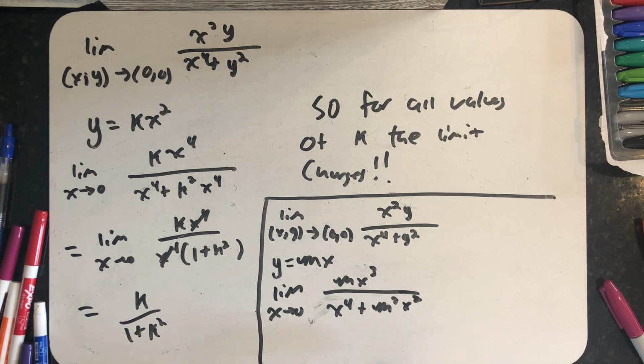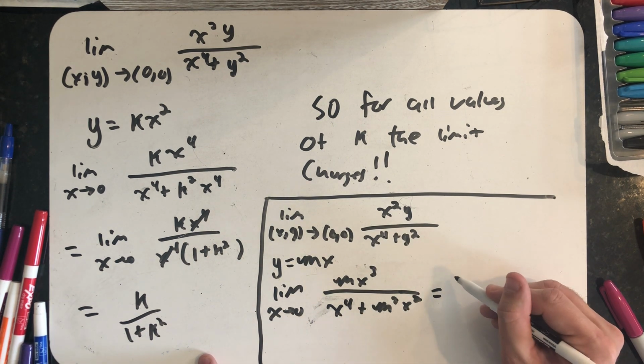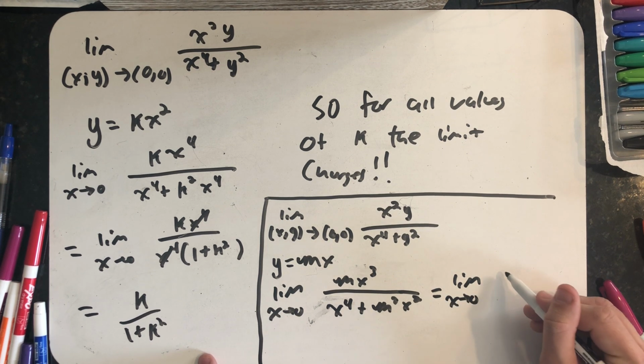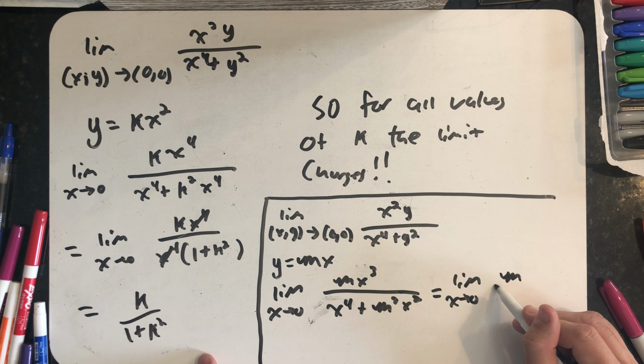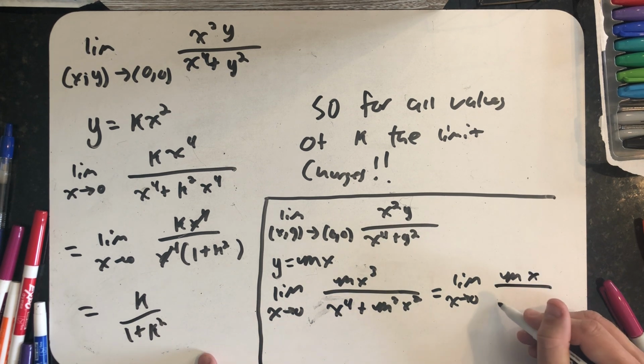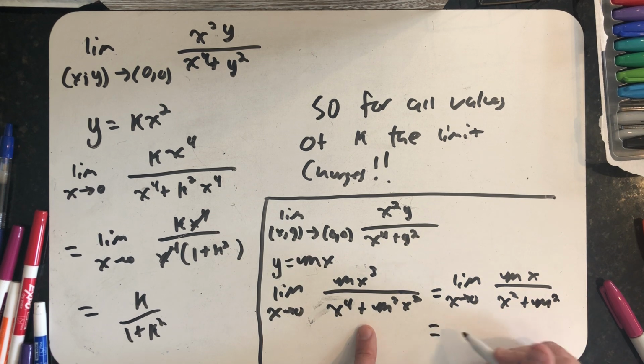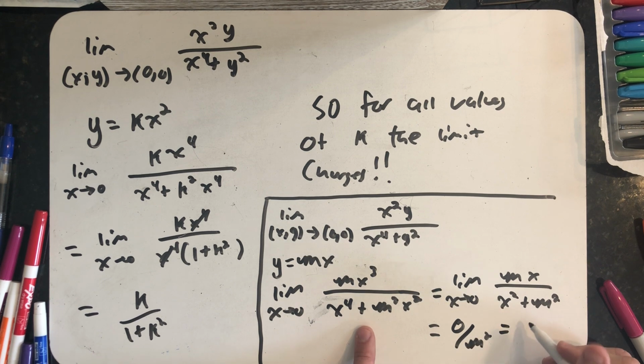All right, well, I can factor an x squared out of the bottom, and cancel it off with an x squared on top, leaving me with an mx over x squared plus m squared. Taking the limit, the top's going to 0 and the bottom's going to m squared. And along all linear paths that go through the origin, the limit is 0.